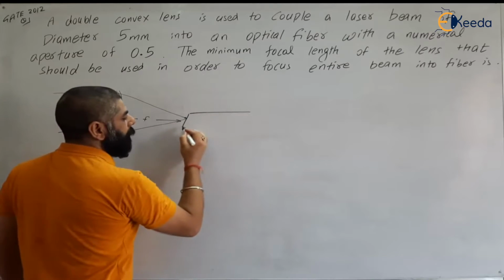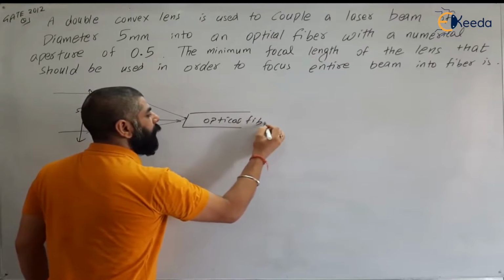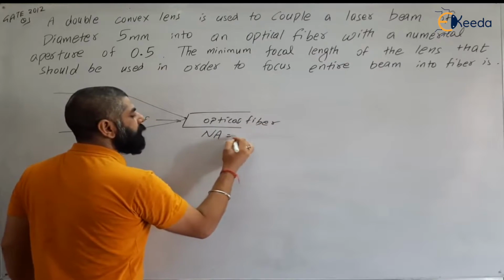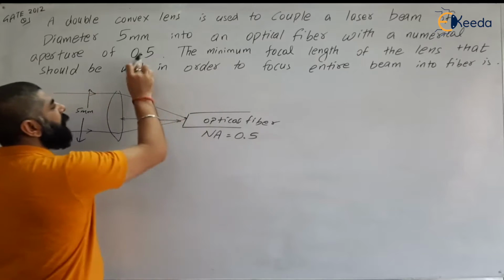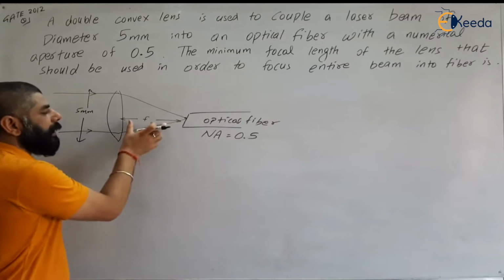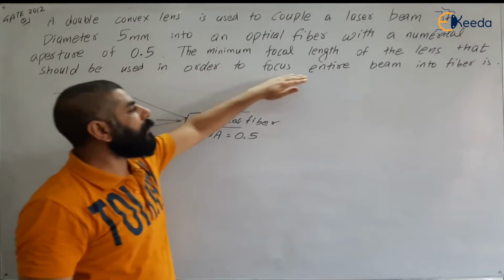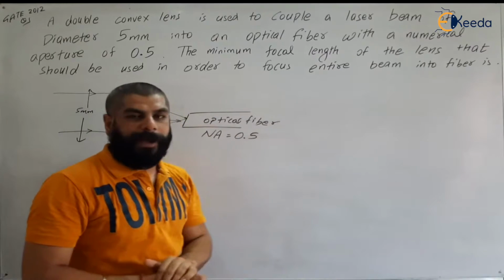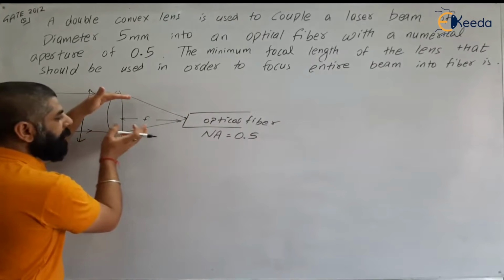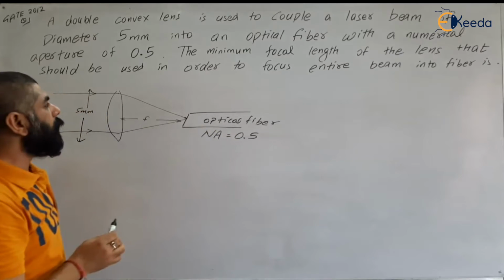We have to calculate the minimum focal length of the lens that should be used in order to focus the entire beam into the fiber, meaning all the light must pass through the optical fiber.